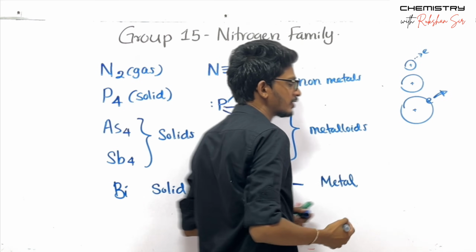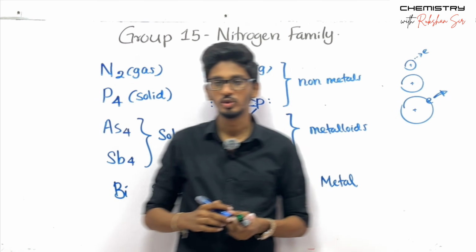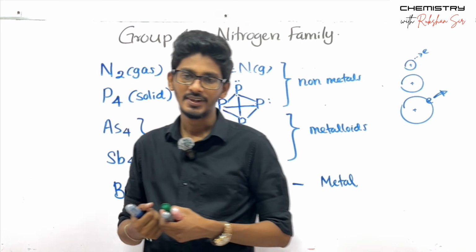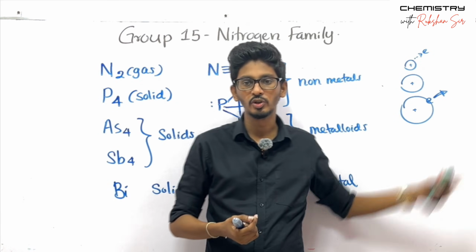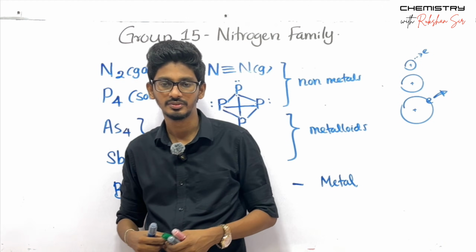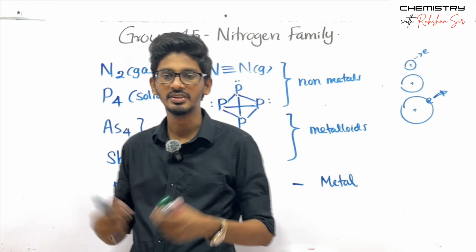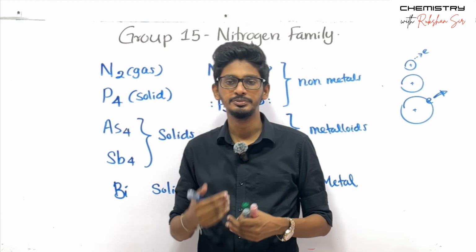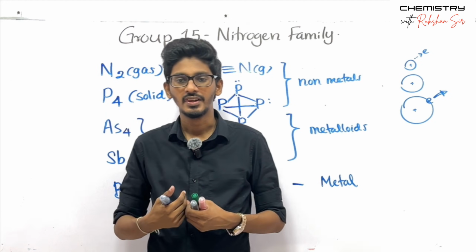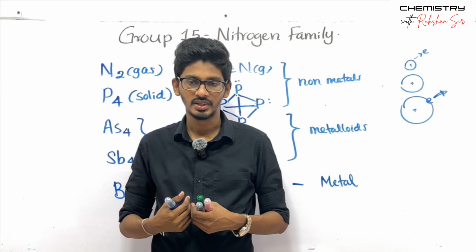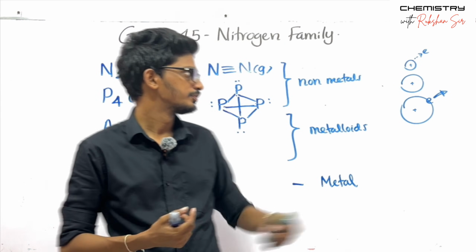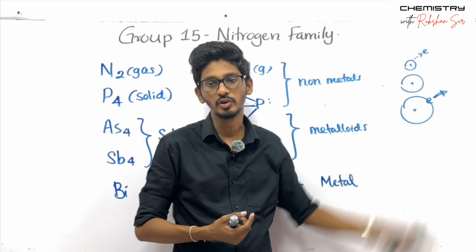Releasing electrons means oxidation, so the ability to oxidize will increase going down the group. That means the metallic nature increases. Metals react with other species by oxidizing them. So metallic nature increases going down the group as atomic size increases.